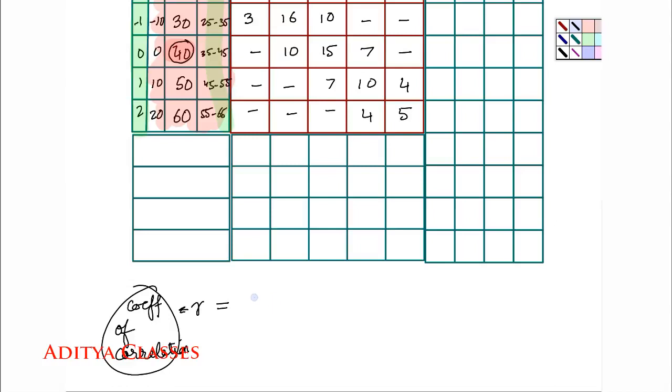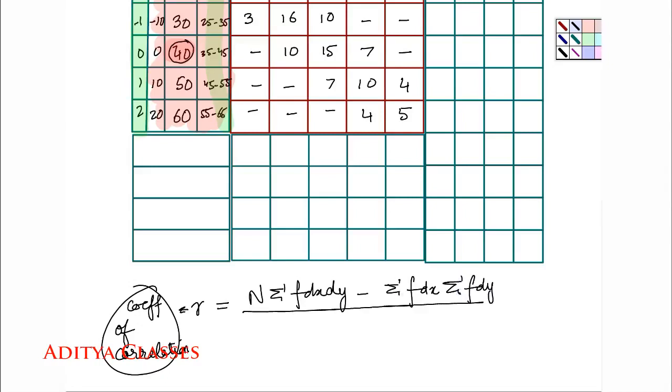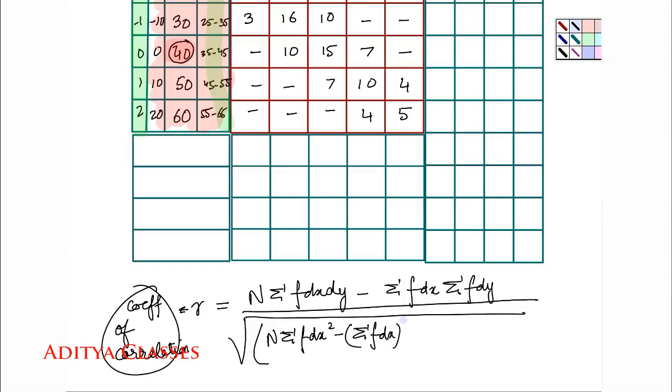R is n sigma f dx dy minus sigma of f dx times sigma of f dy, upon under root of n sigma of f dx square minus sigma of f dx whole square.